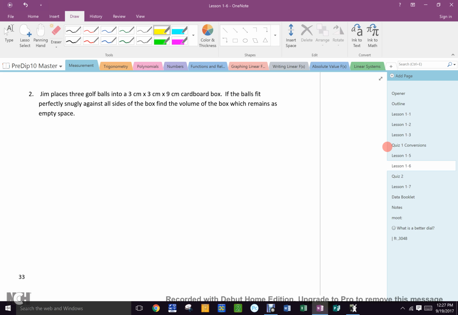Leighton. The volume of the box where the ball is not taking up space. So what math are we going to use? We're probably going to use subtraction. Subtraction, because we need the difference between the space that is filled by ball and the space that is empty, correct? Byron.